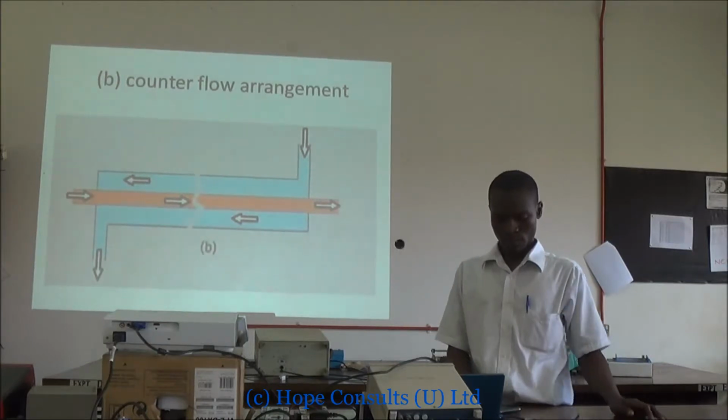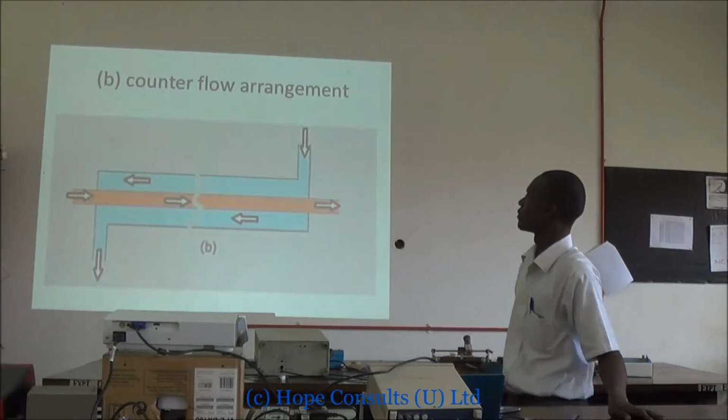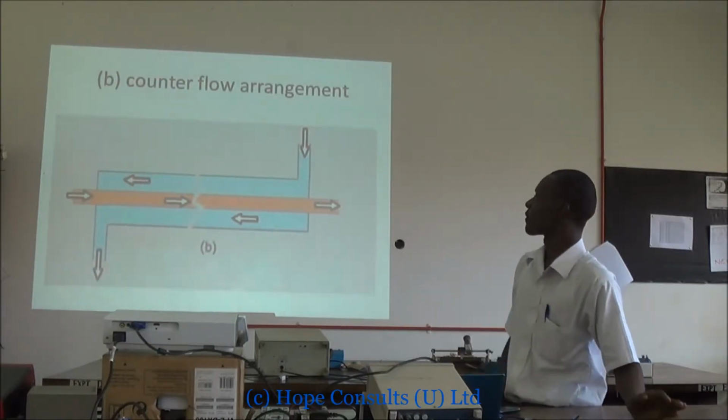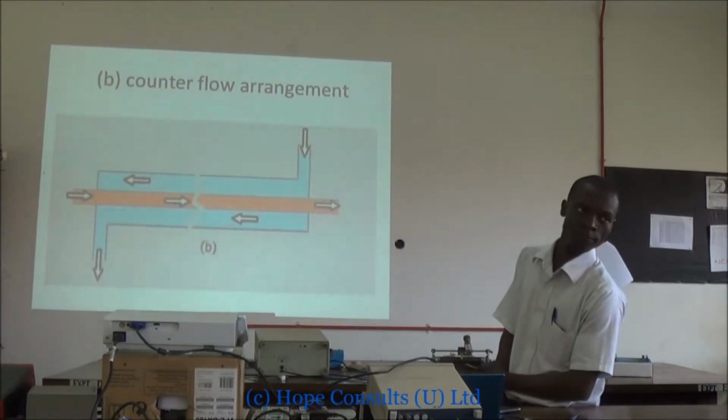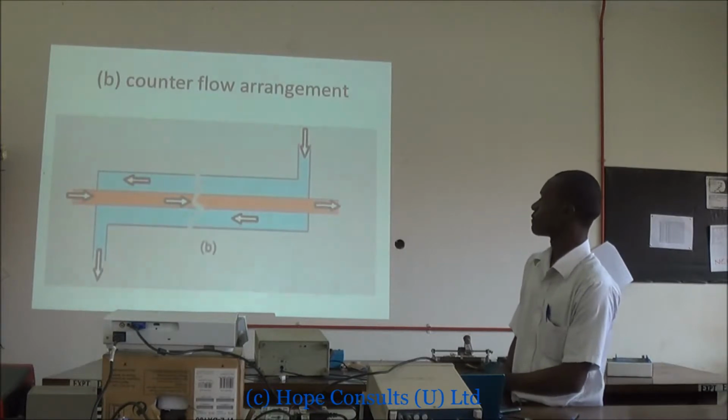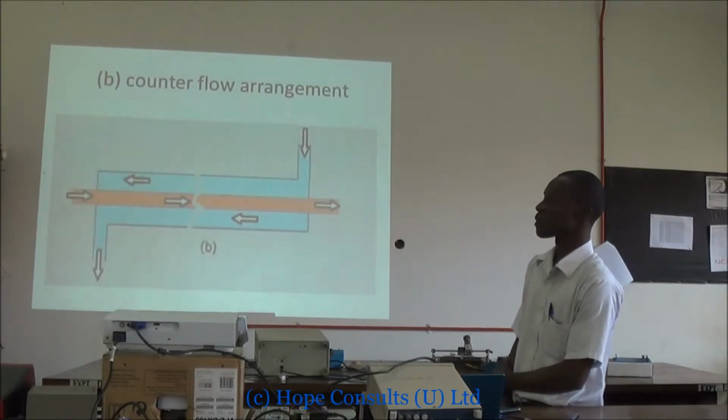The reason for that is that, let's say that blue pipe is at a high temperature, and the other red liquid is at low temperature. The moment it enters from the other inlet, it will start gaining temperature from that point.